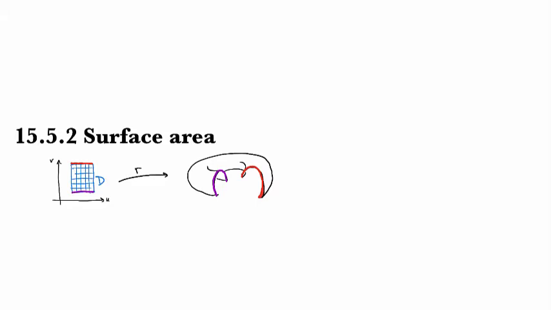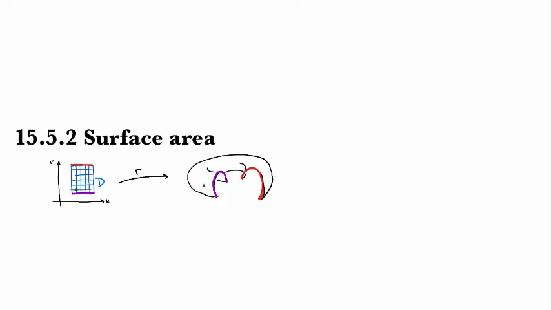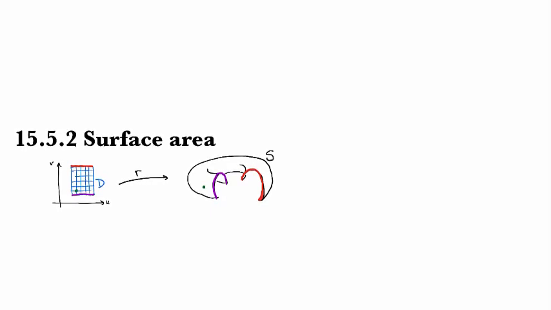Okay, so now if we are at some point, say this point right here, that would be over here somewhere. The embedded image of it would be, and by the way, that's S, my surface.